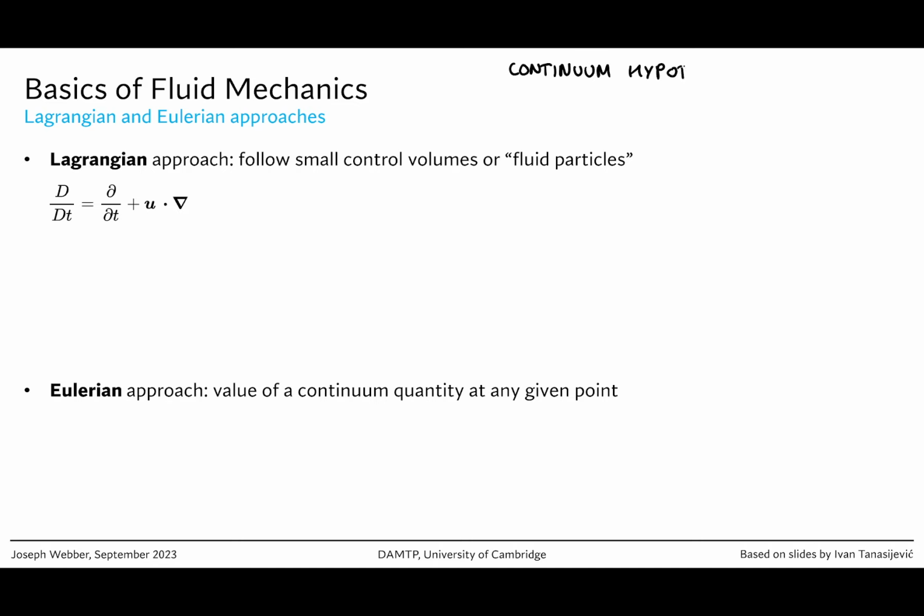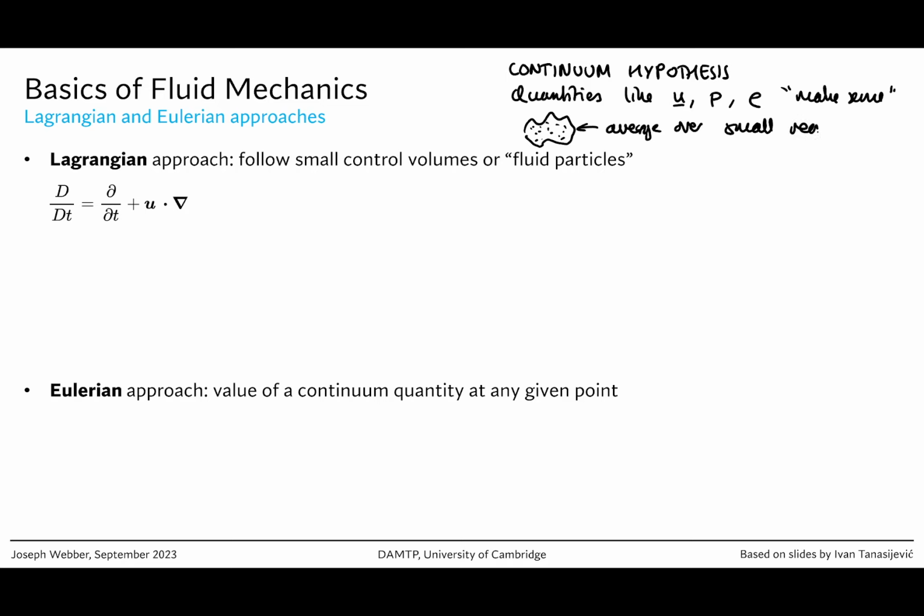And this is a bit philosophical, but it basically says that quantities like the velocity field u, pressure field p, density make sense because we can take a small little parcel containing many different fluid molecules, and we can average over small regions to get values. i.e. density makes sense because we can take a small fluid parcel and average over the amount of molecules in there to work out the local density at that point.